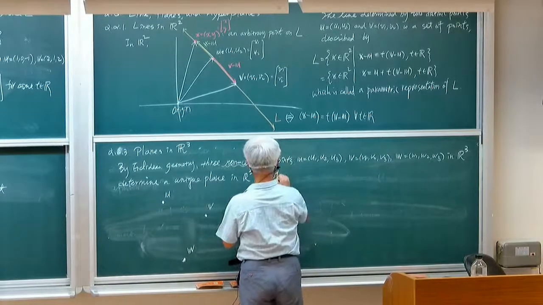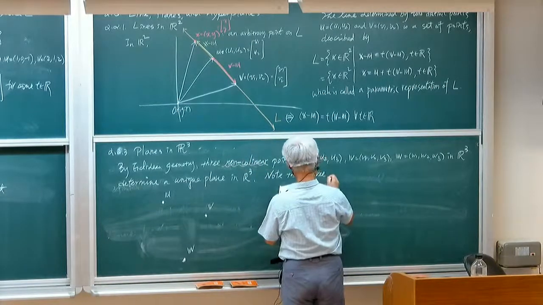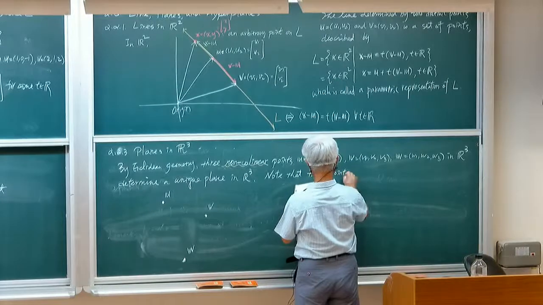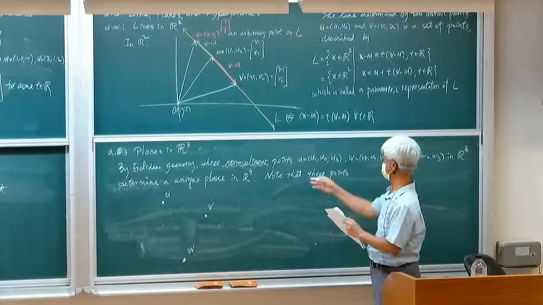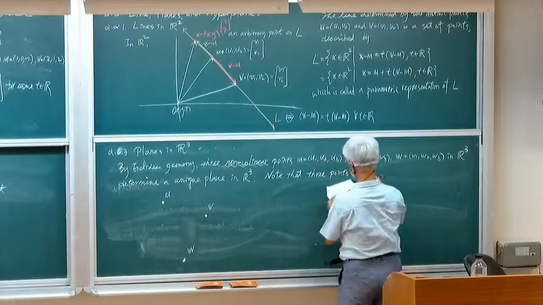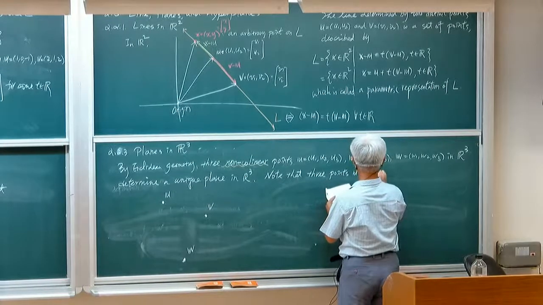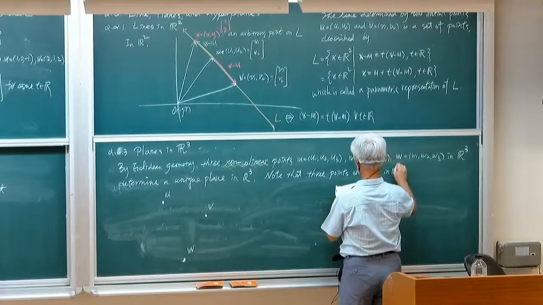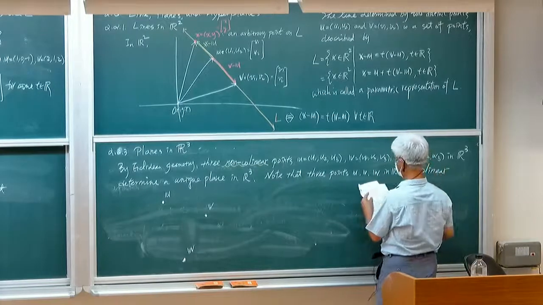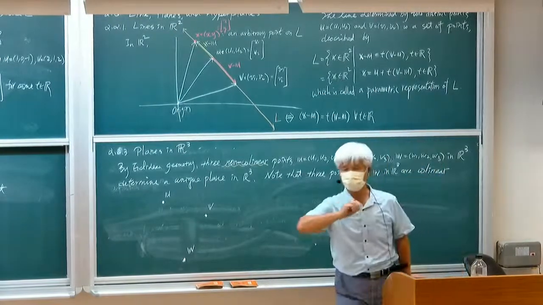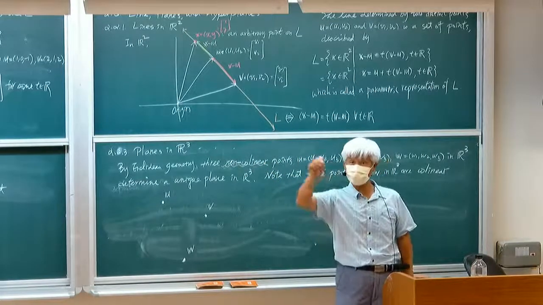So let's see the converse of this statement. Three points U, V, W in R3 are collinear. Collinear means that they are on the same line, right? This is the way we say collinear, right? On the same line.